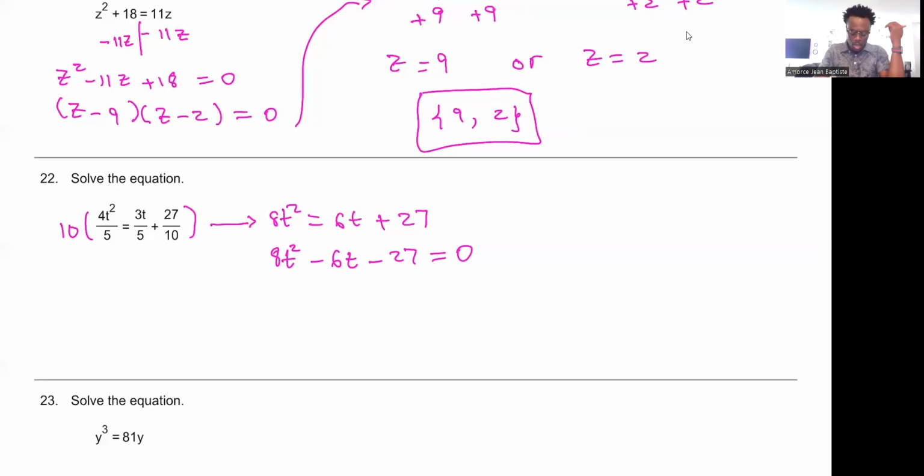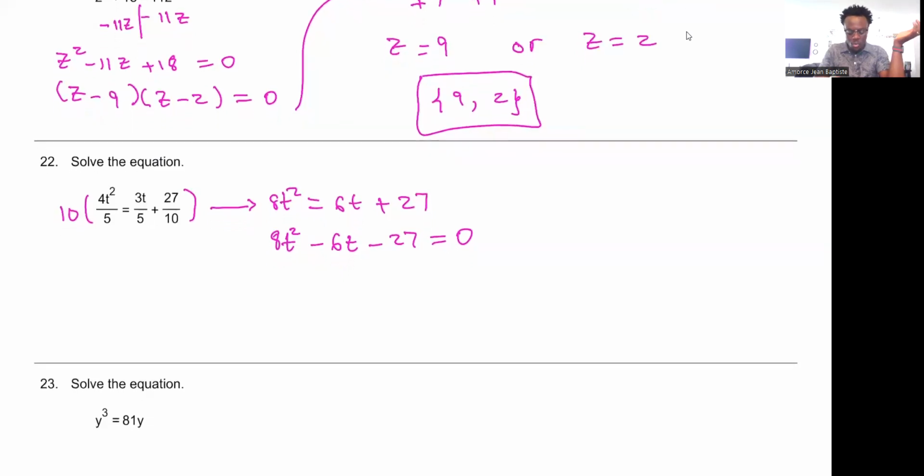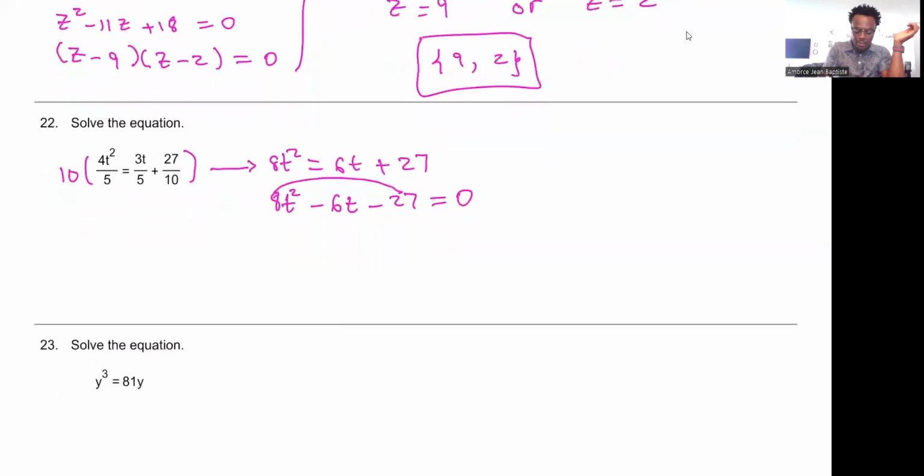In this case, the GCF is 1, so I want to multiply 8 and -27. 8 times -27, 8 times 27, is -216.